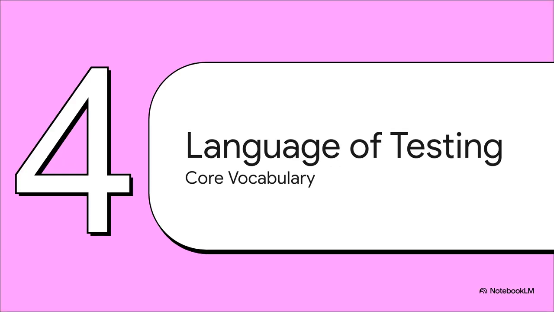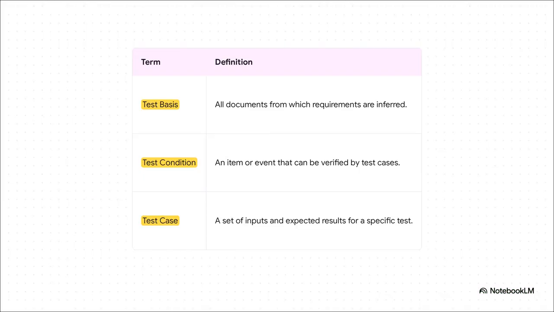Now, to really get this whole process, you just need to know 3 key terms. This is the language that testers and developers use to talk to each other. And once you understand it, you've got an insider's view of how quality software actually gets made. Okay, let's break this down. The test basis, that's your blueprint. It's all the documents that describe what the software is supposed to do.